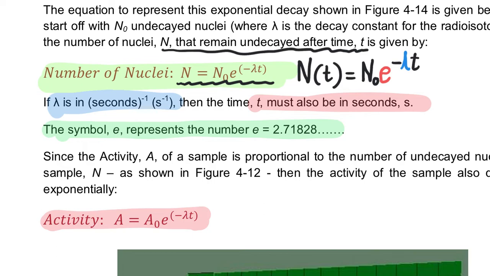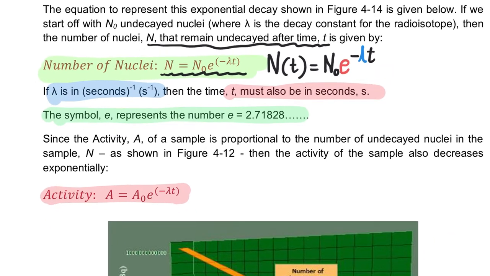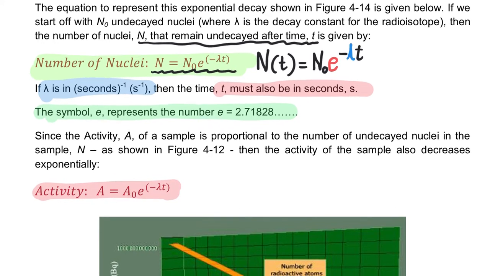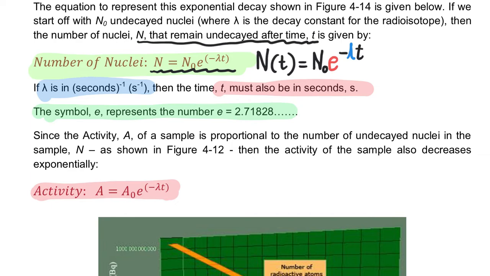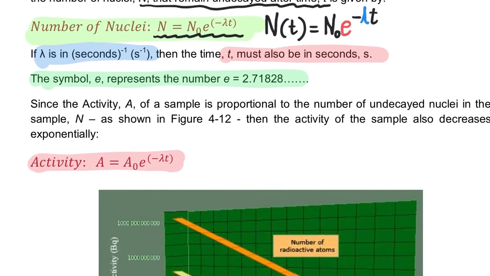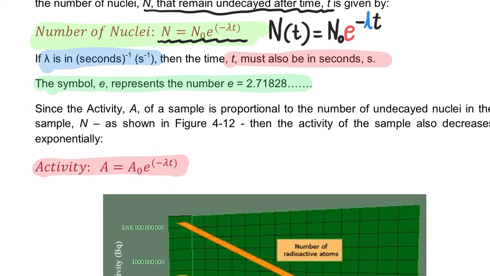Now, since the activity A of a sample is proportional to the number of undecayed nuclei in the sample, then the activity also decreases in the same way. So we can get that the activity A, as we've already discussed, is also a function of time, and it is equal to A0, and once again e to the minus lambda t.